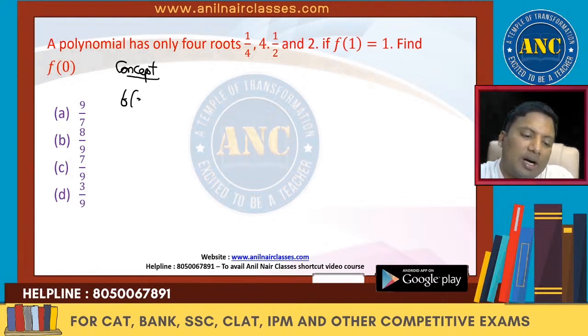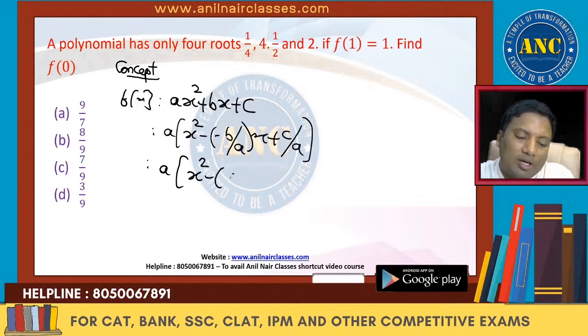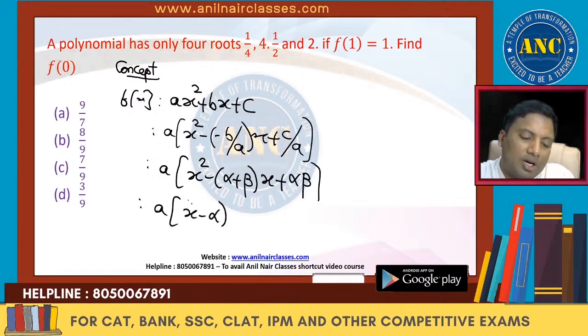Suppose there is a quadratic function, f of x is ax square plus bx plus c. This can be written as a into x square minus of minus b by a x plus c by a. These are nothing but a into x square minus alpha plus beta into x plus alpha beta, which is a into x minus alpha into x minus beta.